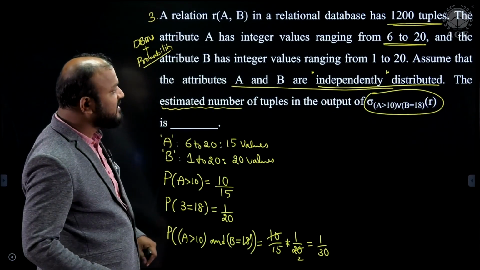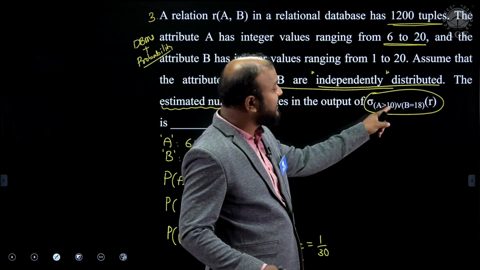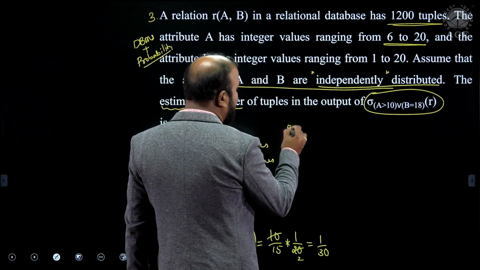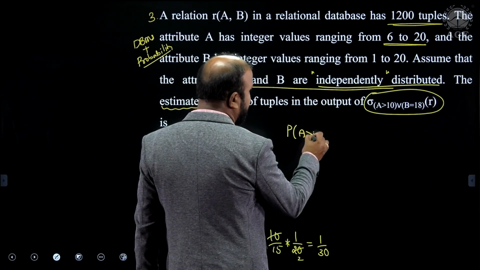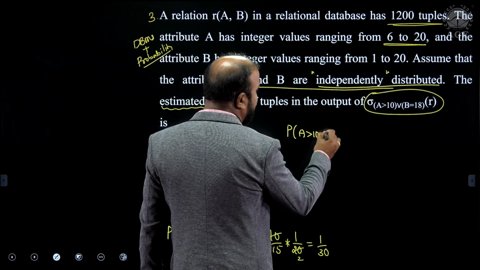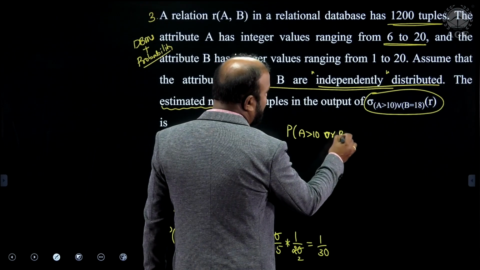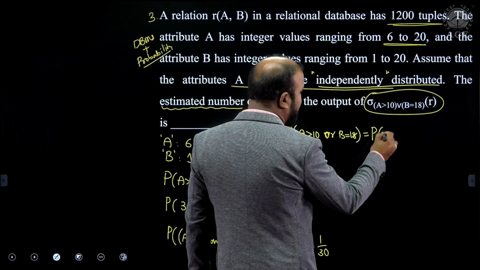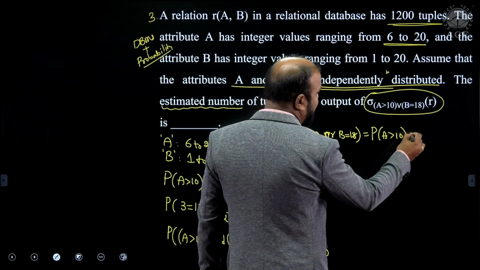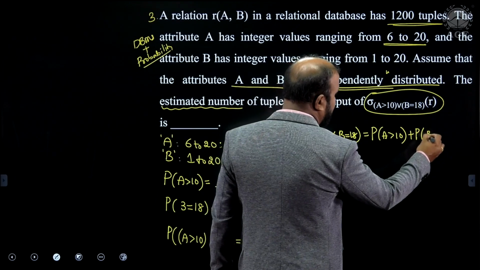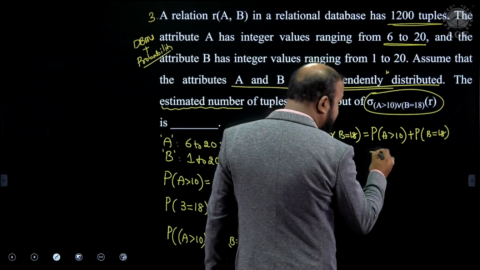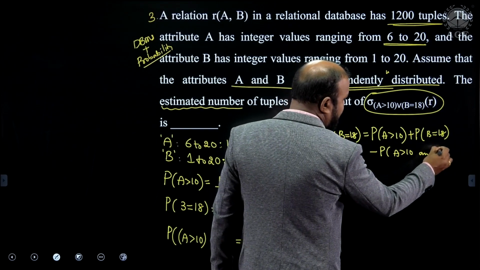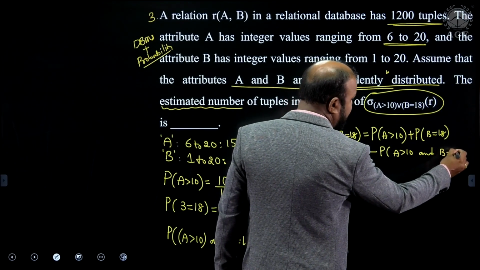But what is the question? The question is for A greater than 10 or B equal to 18. Now, we need to find the probability of A greater than 10 or B equal to 18, which is equal to the probability of A greater than 10 plus the probability of B equal to 18 minus the probability of A greater than 10 and B equal to 18.